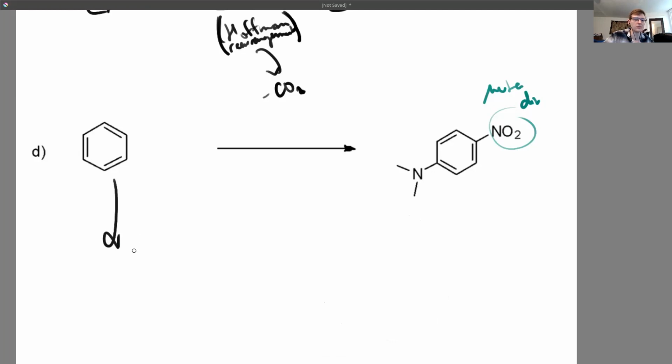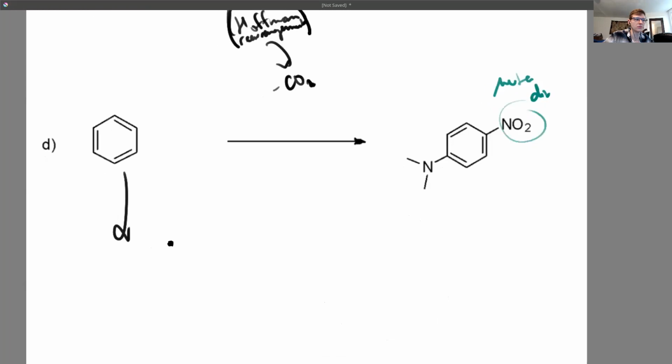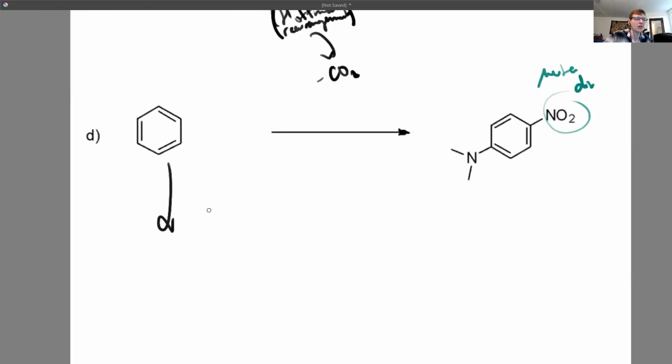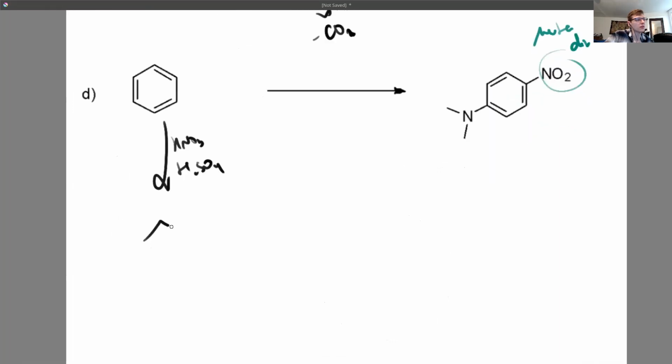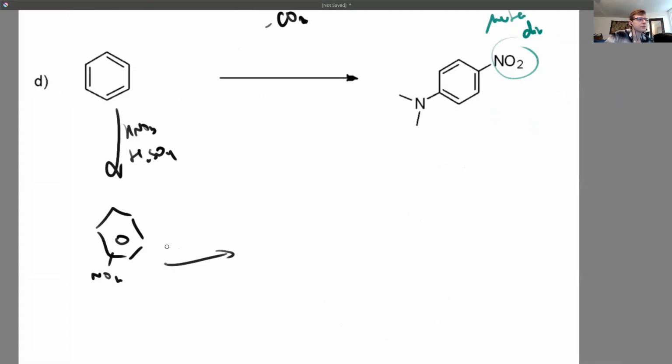How? Oh, we could just use nitric acid, right? HNO3, H2SO4. So we can, that adds the NO2, right? And then we can just reduce that.